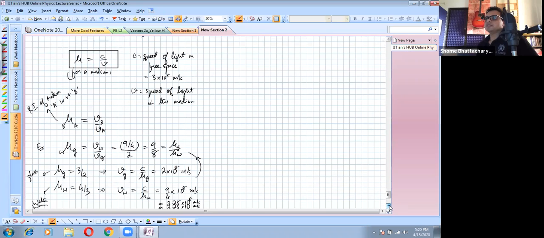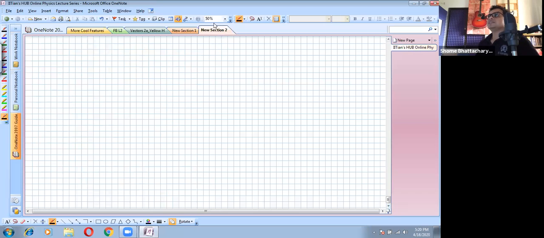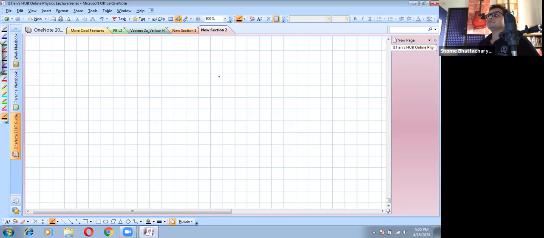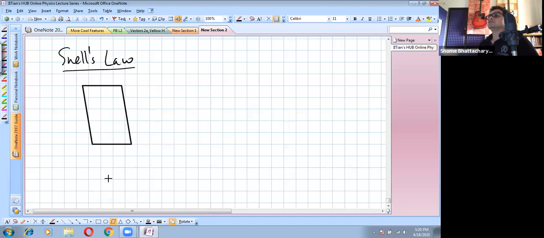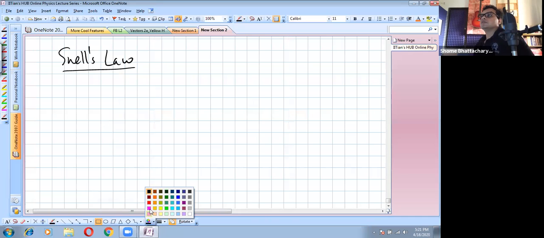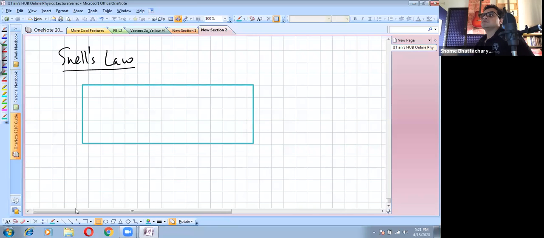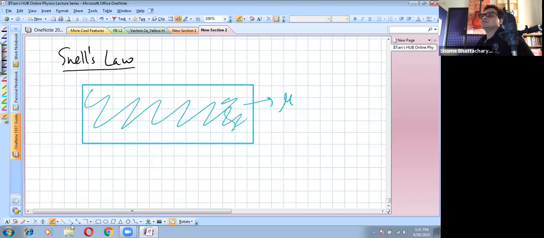Now let us come to Snell's law. Hope this is clear so far. Snell's law tells us, which is an experimentally determined fact, that when a ray of light experiences an interface of a denser and a rarer medium, let us say this has a refractive index mu, and here of course we have air.